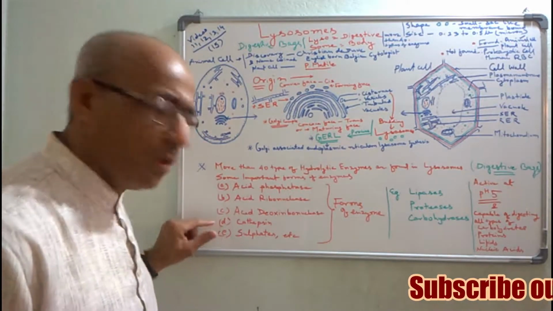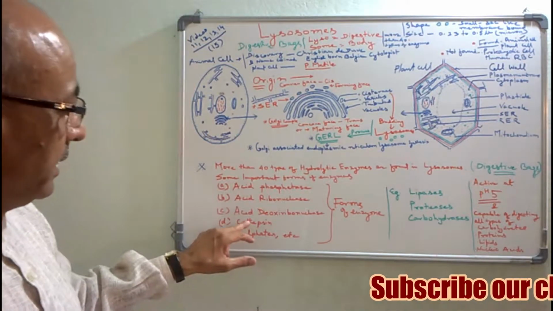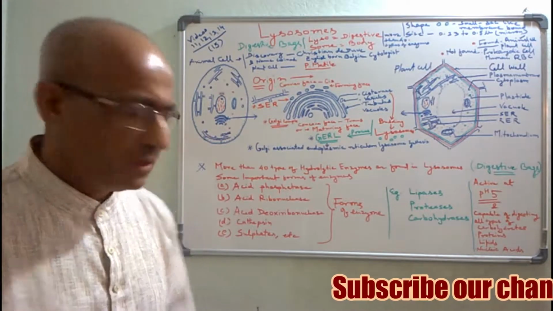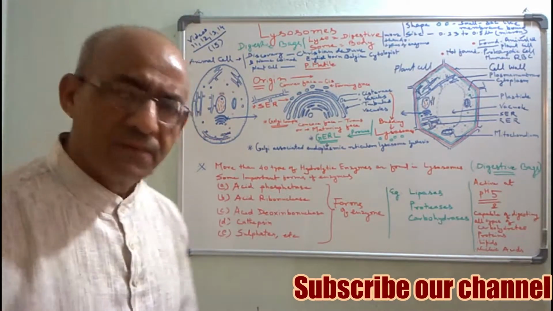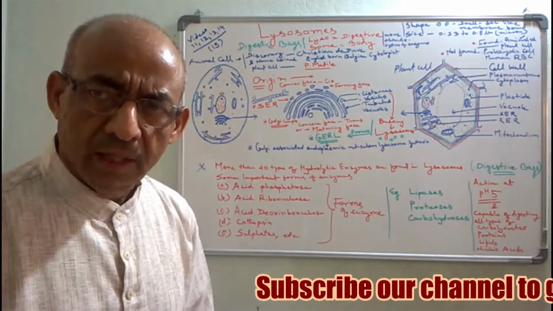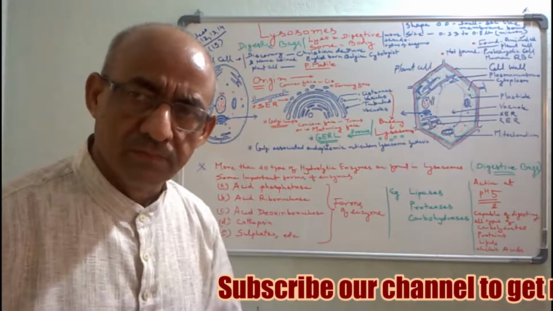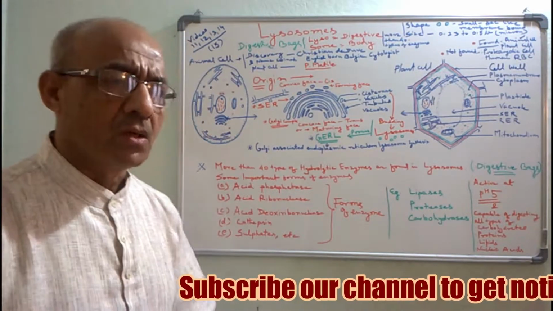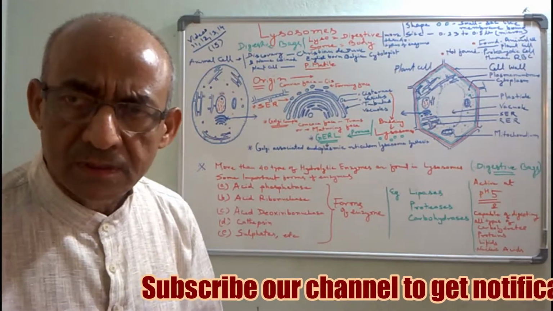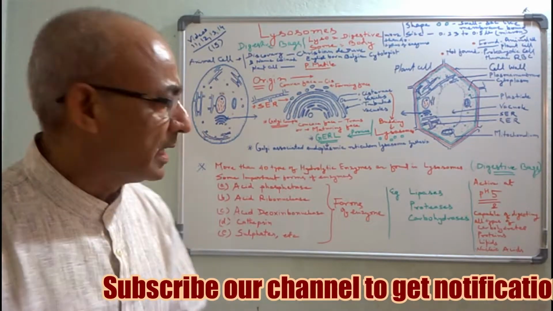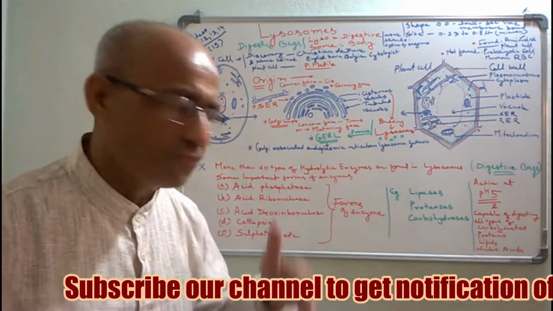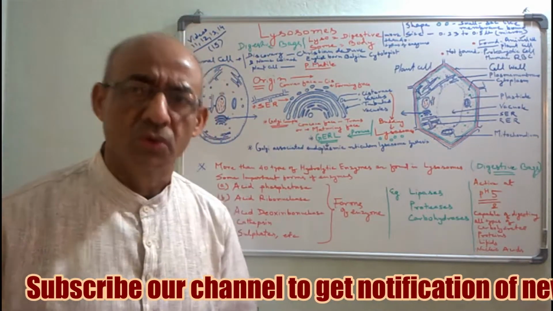And fourth form is cathepsin. Fifth is sulfatase. Apart from these forms, there are also a number of other forms of the hydrolytic enzymes which are found inside the lysosome.